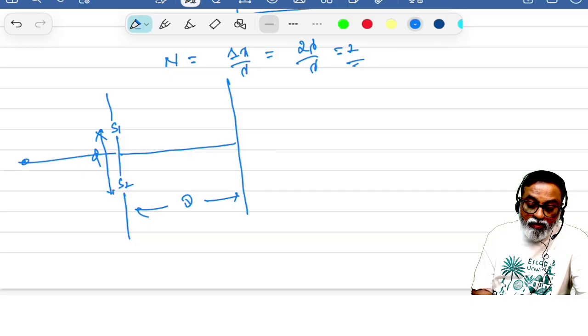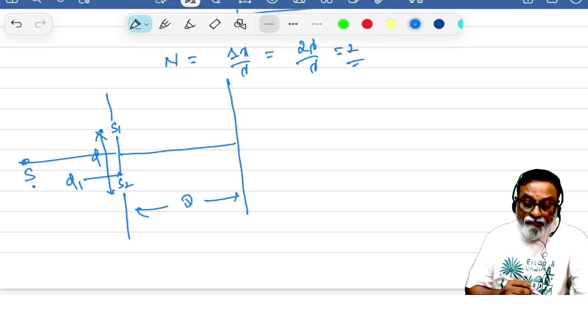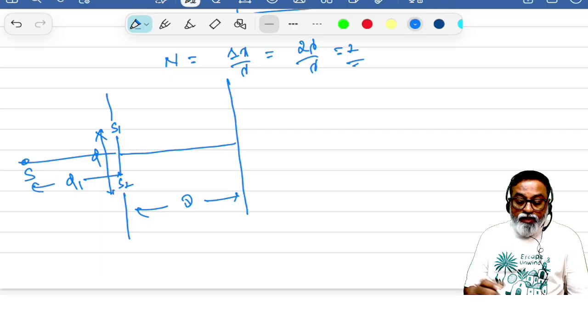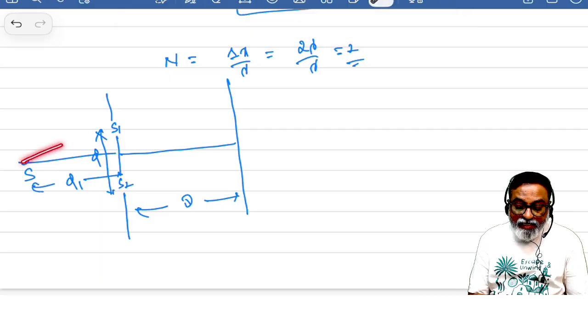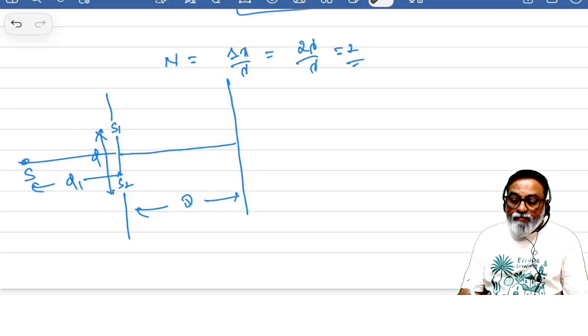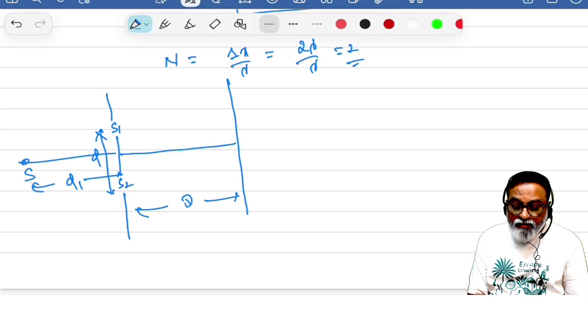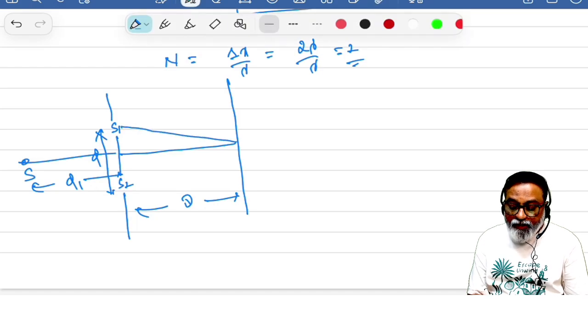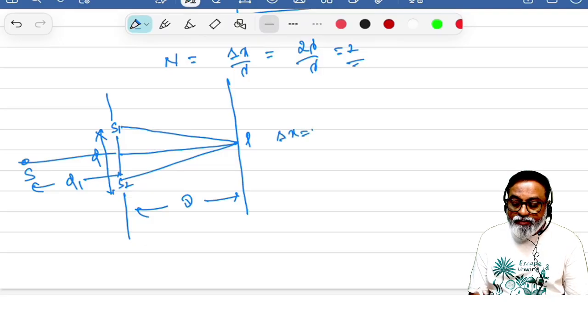Here is the source, and this distance is given as d1. From the source the light travels like this. Before reaching the slits, there is no initial path difference. But the path difference from S1 to P and S2 to P, delta x, is equal to 0.